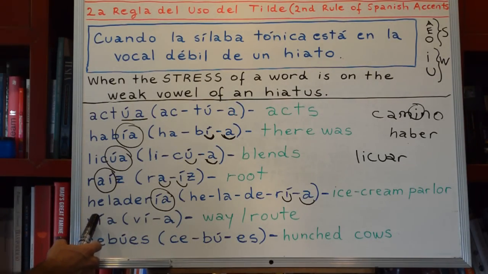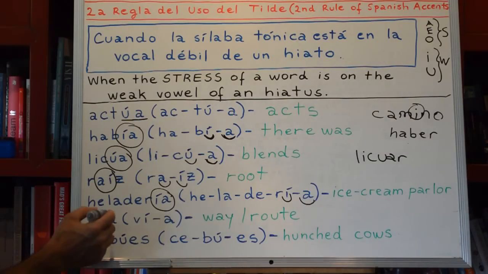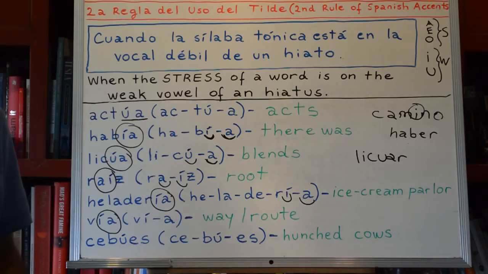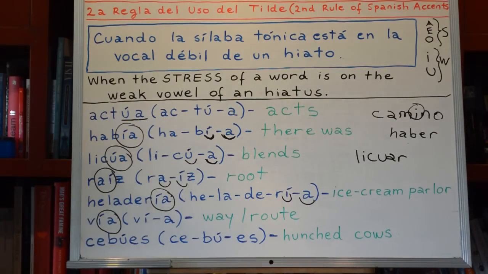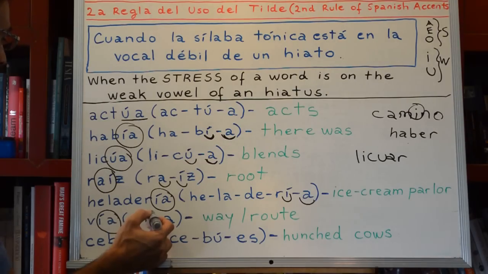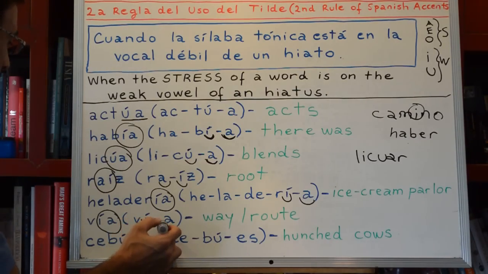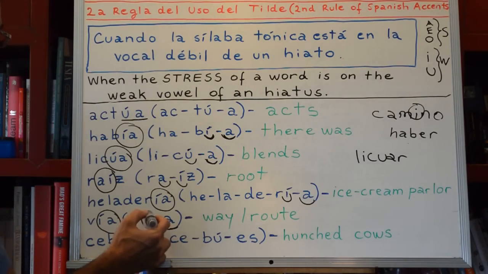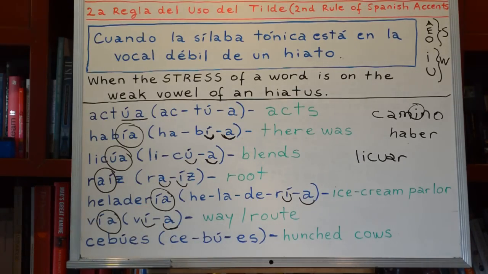So vía has a hiatus here, formed by a weak vowel and an A that is a strong vowel. Okay, and since the intonation, the stress is on the letter I, therefore, letter I carries the tilde again. Here we have two syllables, and here is the tilde.